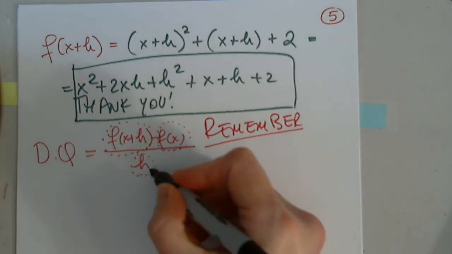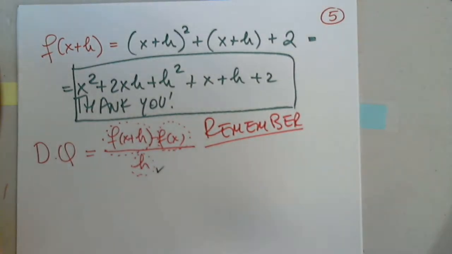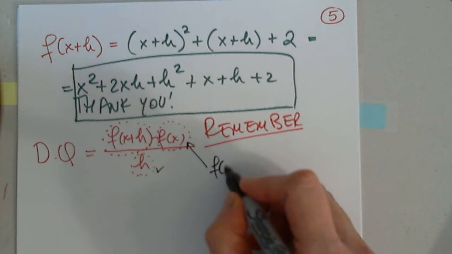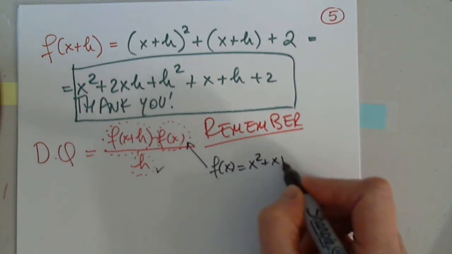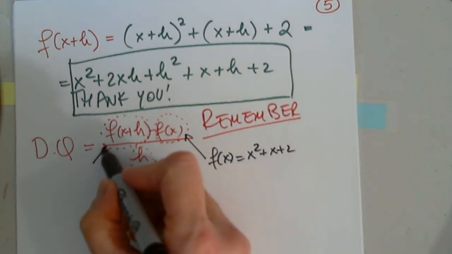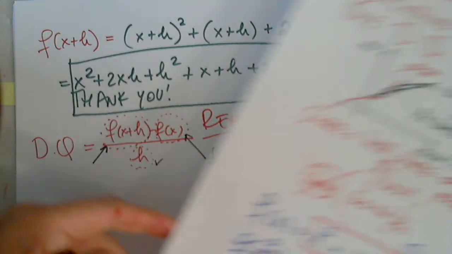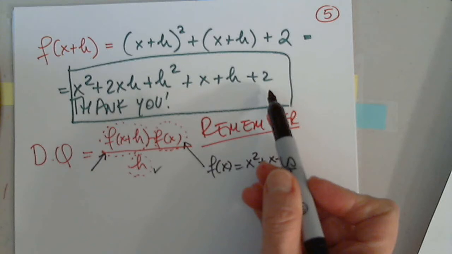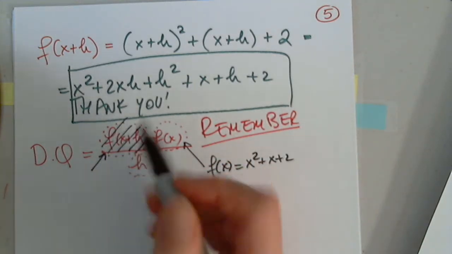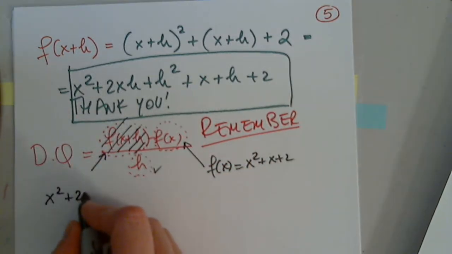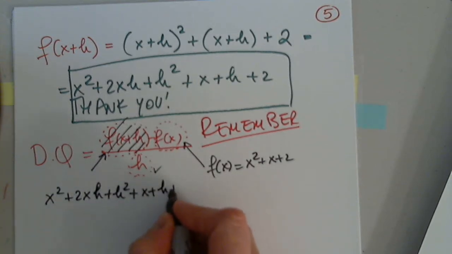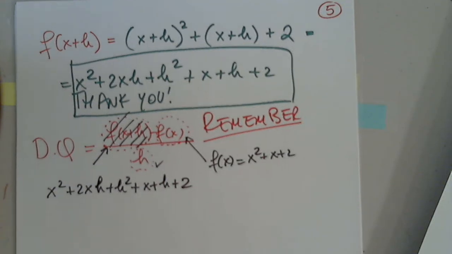Do I have this one? It's just plain h. Yeah, there is nothing special about it. Do I have this one? Yes, I do. It's x squared plus x plus 2. Do I have this third piece, the biggest one? Yes. We just simplified it. It's right here. This whole thing is x squared plus 2xh plus h squared plus x plus h plus 2.